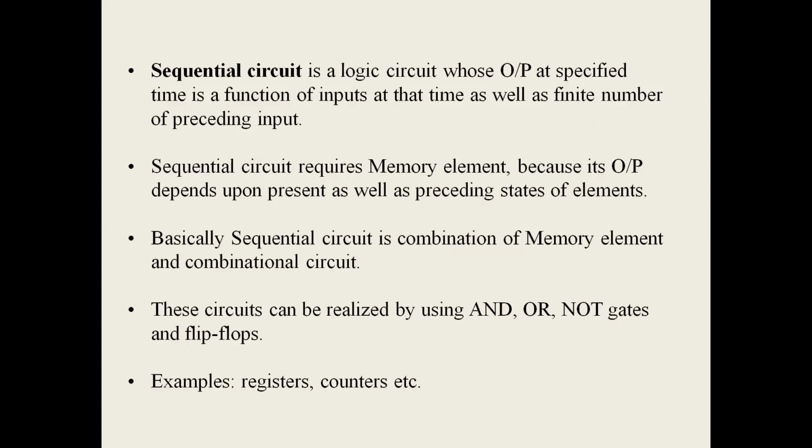Basically, a sequential circuit is a combination of memory element and combinational circuit. That means you can also say that it is a combinational circuit with memory. These circuits can be realized by using AND, OR, NOT gates and flip-flops, which are basically storage elements. Examples: registers, counters, etc.